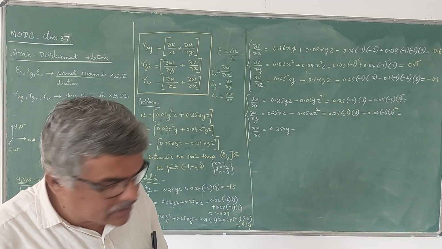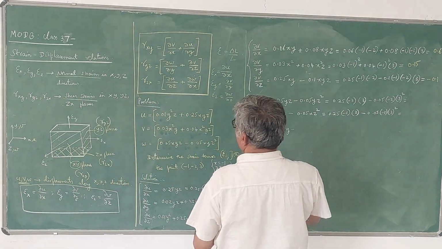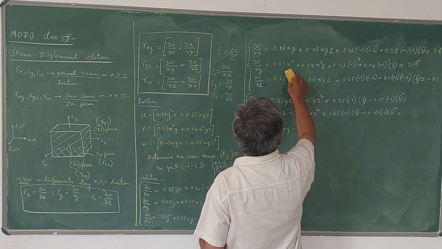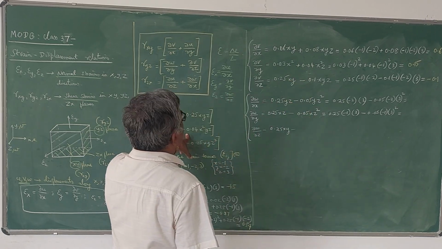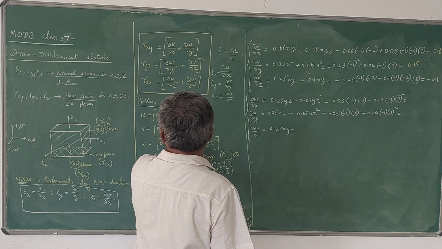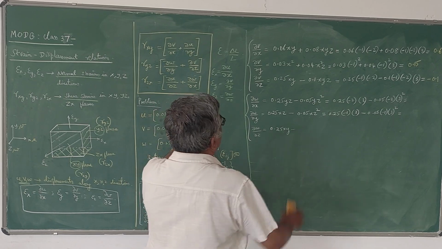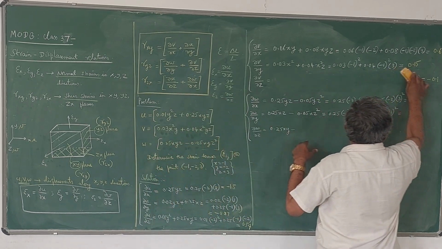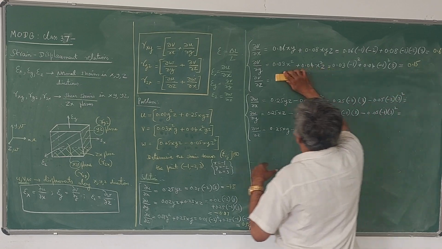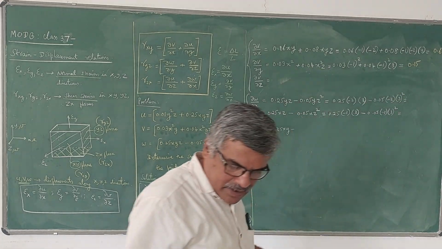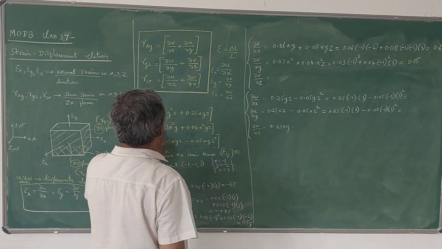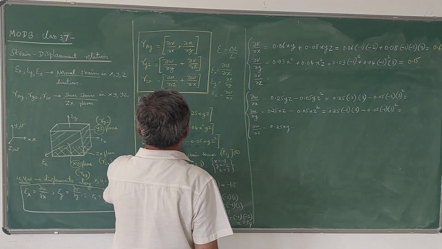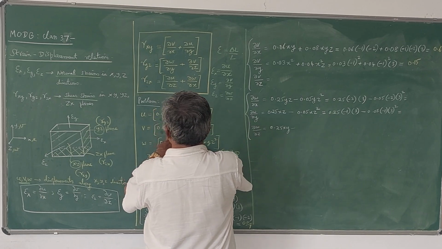Sorry, here I think I have ∂v/∂z here. This is wrong, so I should be very careful here. ∂v/∂z is, this first term will not be there.